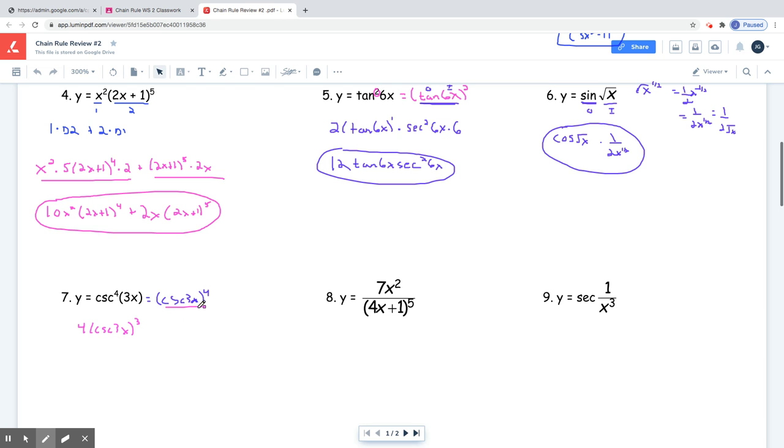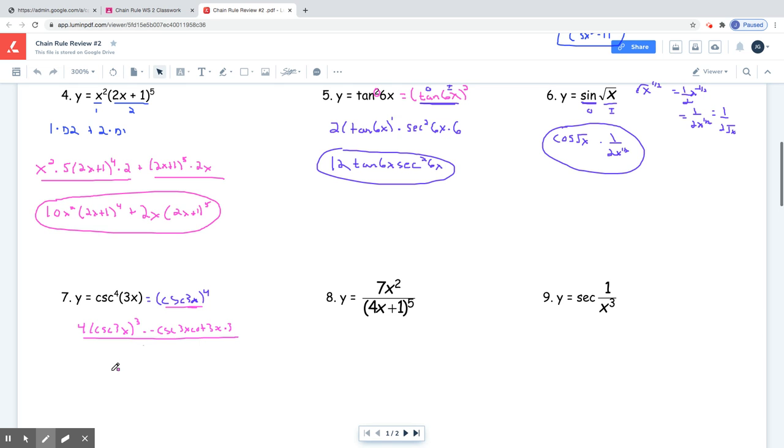Now we take the derivative of the inside, which means we do the chain rule again. With cosecant as the outside, the derivative of that is negative cosecant cotangent, but you keep whatever's after it. And then don't forget to multiply by the derivative of the inside. The inside is 3x, which is 3.